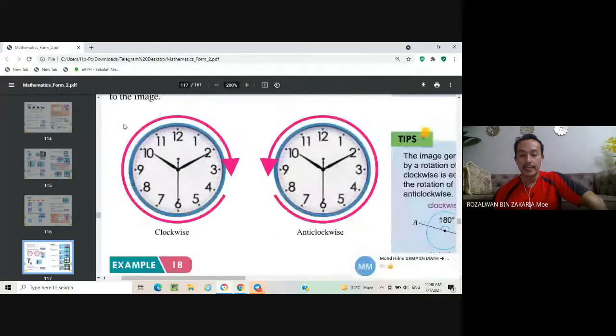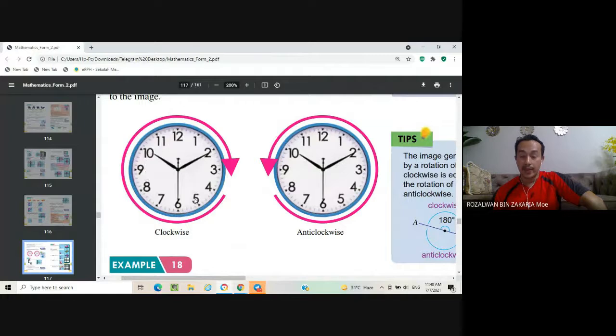Now look at these two diagrams. This one is the diagram of the clock. This arrow shows you the movement of the needle of this clock. The direction is clockwise, which follows the movement of the needle of this clock.